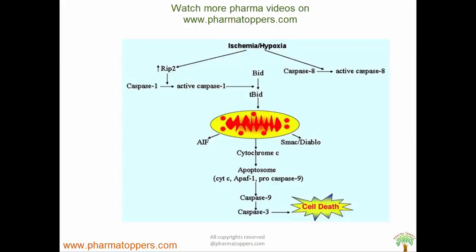This chart represents ischemia, in which you can see an increase in the RIP2 factor, which causes the activation of caspase 1, and this protein thereby acts on the mitochondria, releasing the apoptosis inducing factors, the SMAC gene, as well as cytochrome C, thus forming the apoptosomes and activating caspase 9 and again caspase 3, as a result of which cell death occurs.